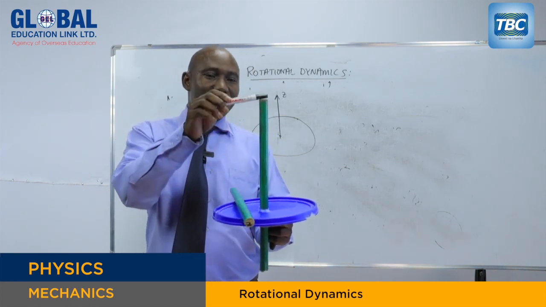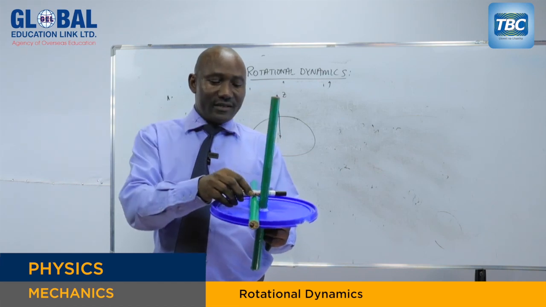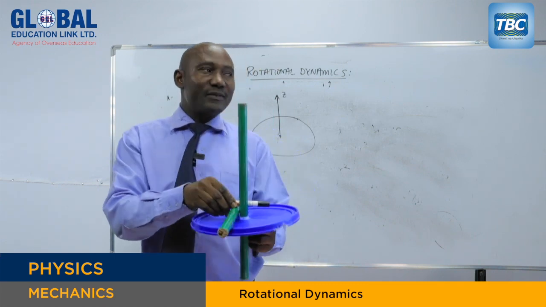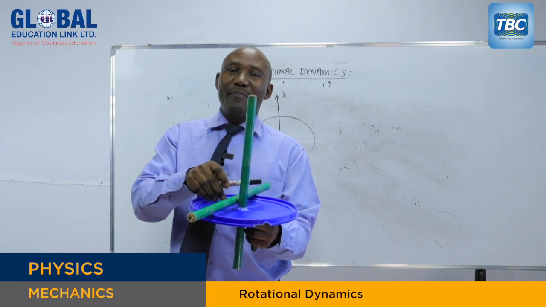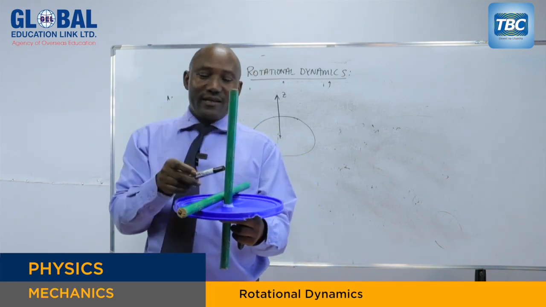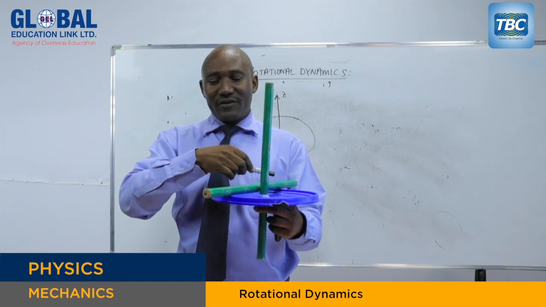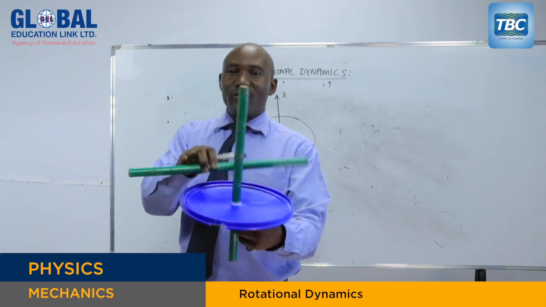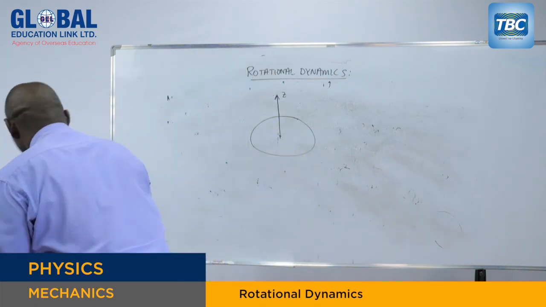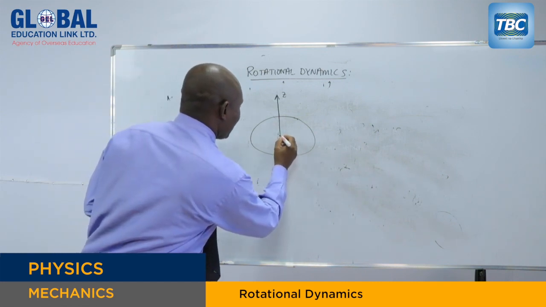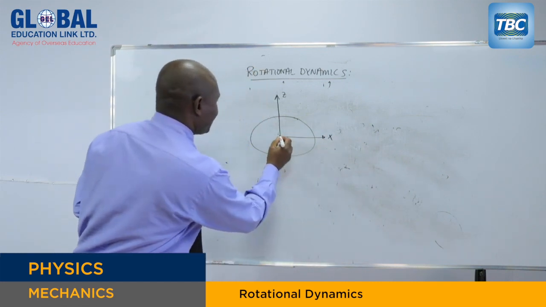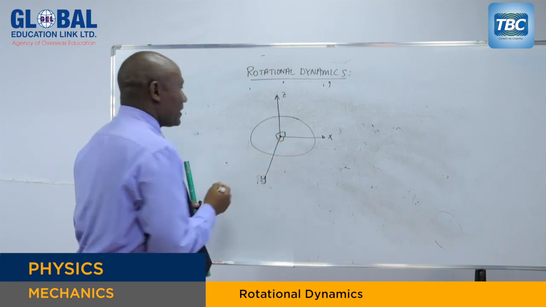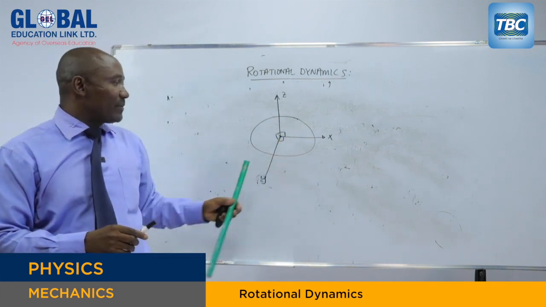But you can see this axis, which is along the Z, is intersecting the two axes. So the theorem says you should know which axis is perpendicular to the plane. It is this Iz. Then we have the moment of inertia about the axis which is given the name X, and another axis which is given the name Y. So if you draw this diagram, let's choose this to be X, this to be Y. Now these two axes are perpendicular to each other.